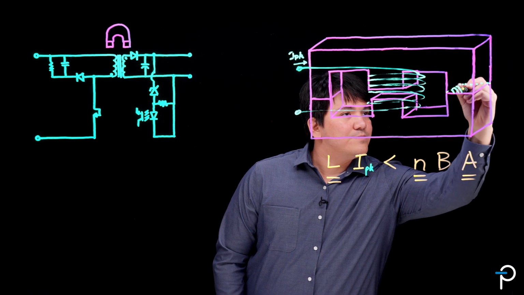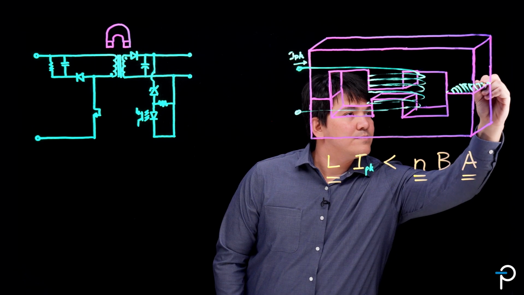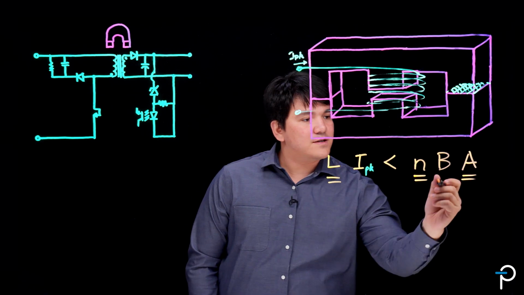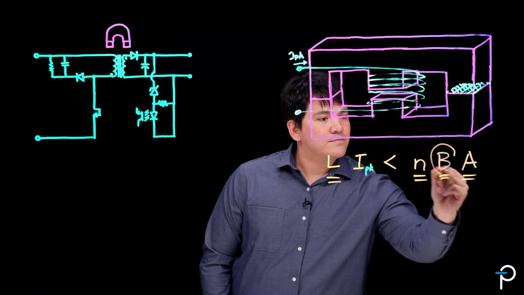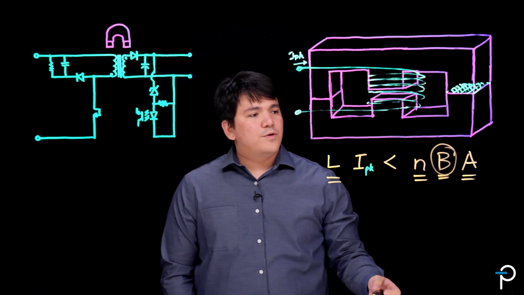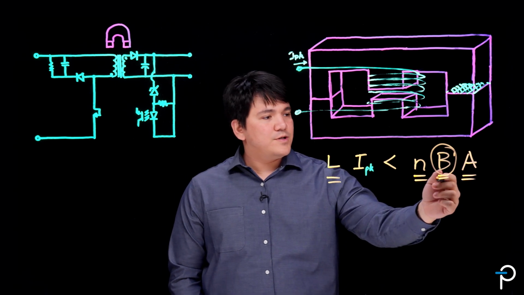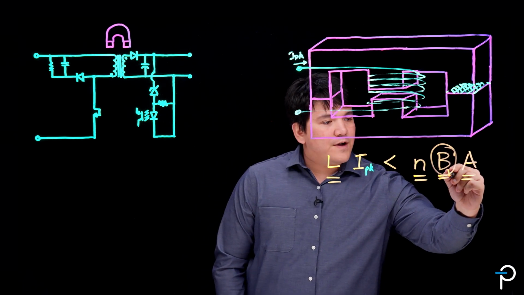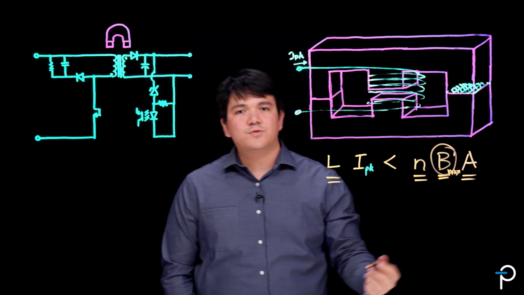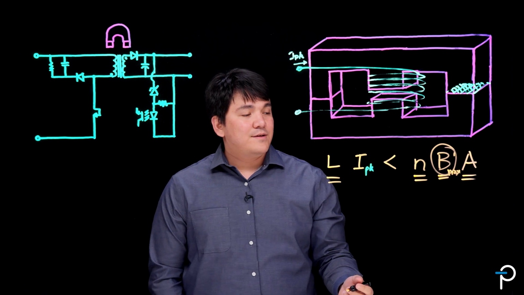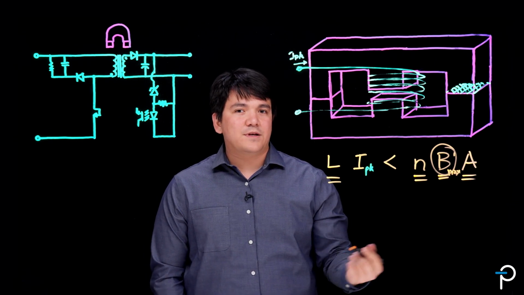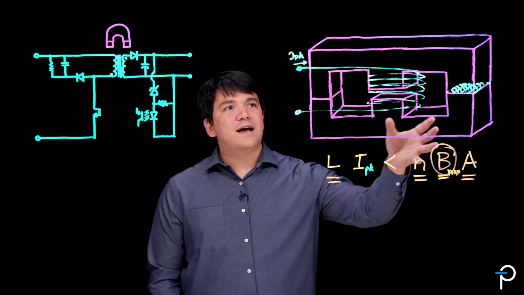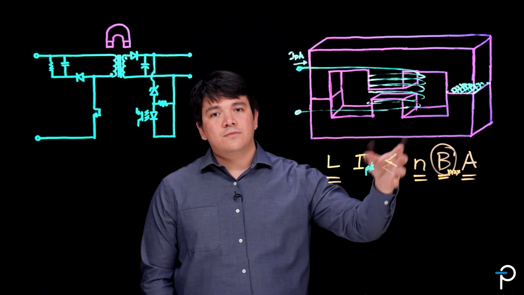This is dependent on core material, core size, and we have magnetic flux density B. When we design the transformer, usually we look at the core datasheet and we would find B max, which would help us design, considering the application, the ambient temperature, such that you won't fully magnetize the core during normal operation or saturate it.